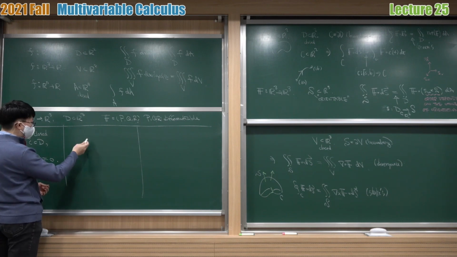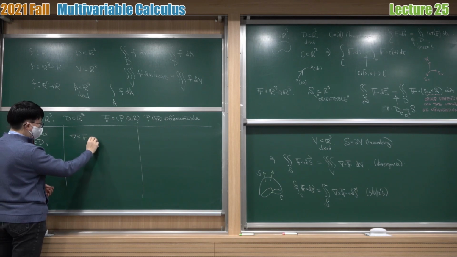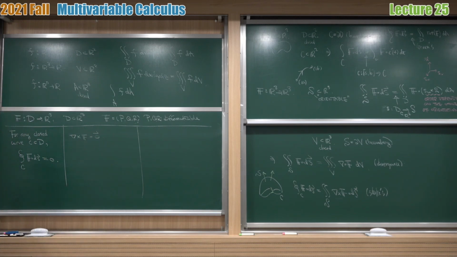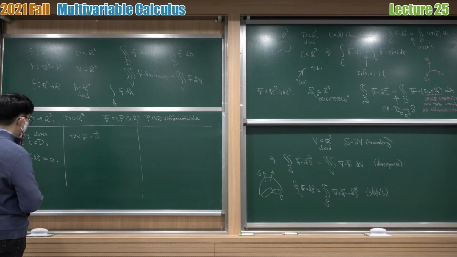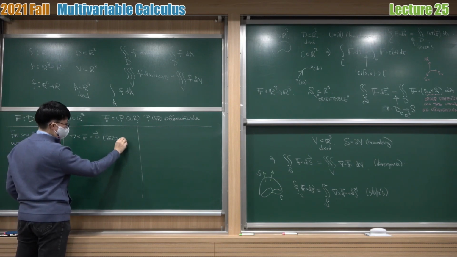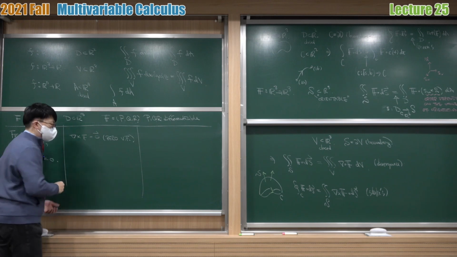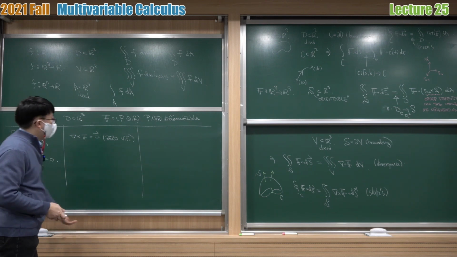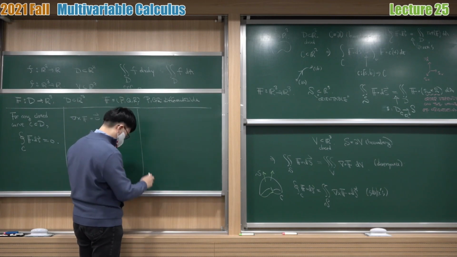And then the next one is that if I take the curl, the curl of F is the 0 vector field. So that's also a condition.